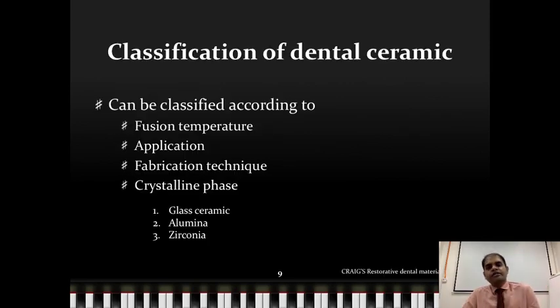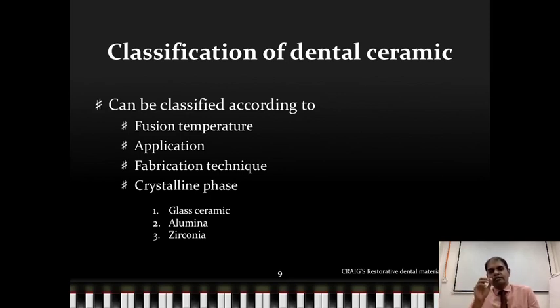So let's go to the classification of dental ceramic. The classification is made based on a few things. First is the fusion temperature. Then the different types of applications, the procedures of fabrication techniques, and most importantly, the crystalline phase.